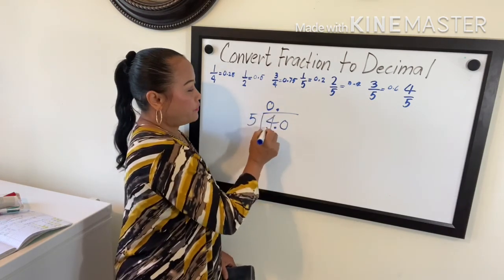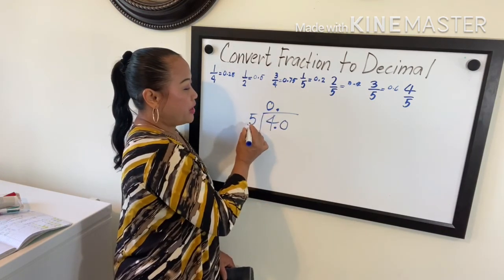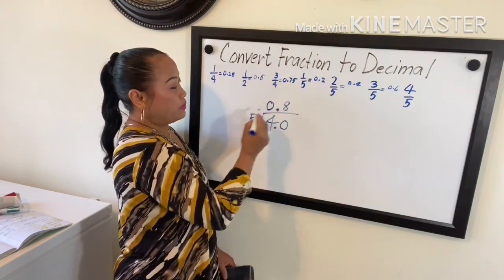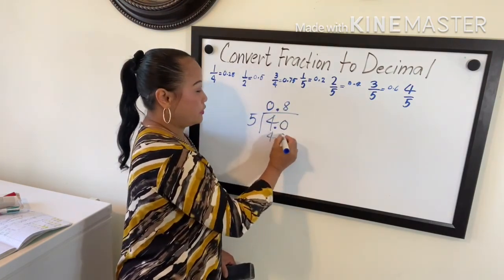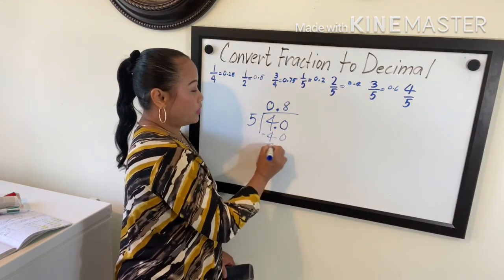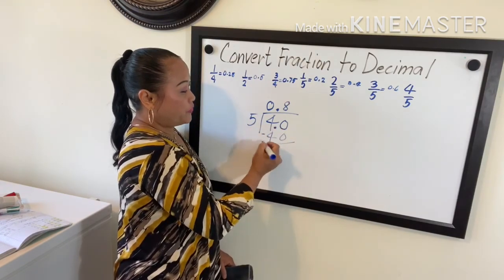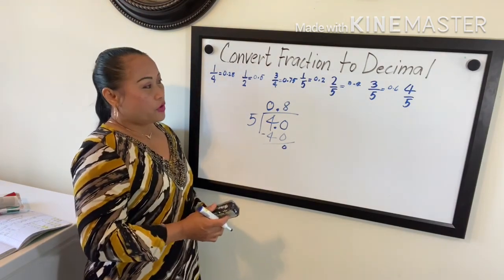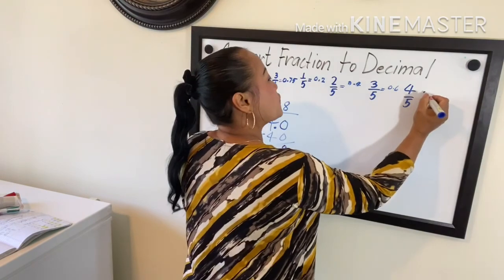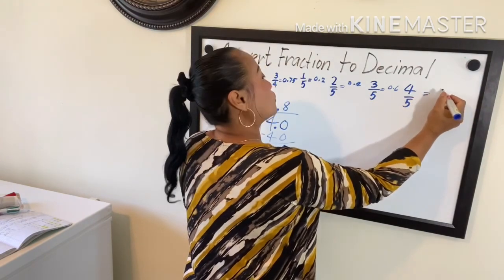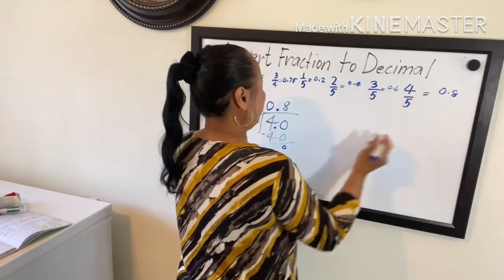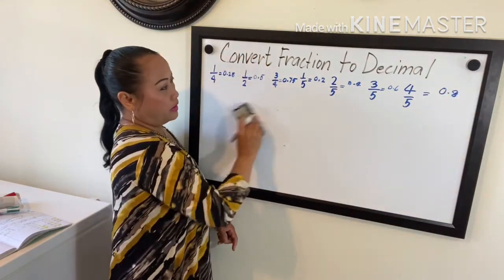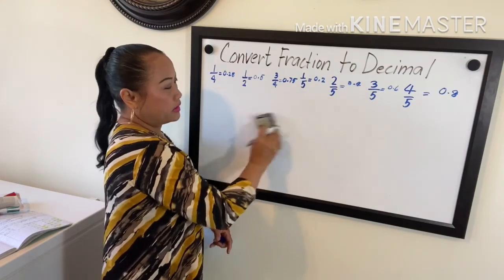And then 40 divided by 5 is 8. And then 8 times 5 is 40. We will subtract. 40 minus 40 is 0. So 4/5 is equal to 0.8, or read as 8/10.